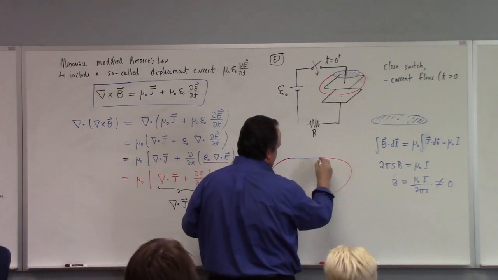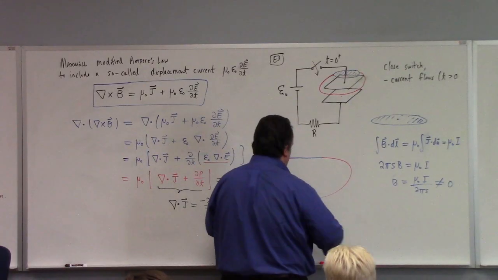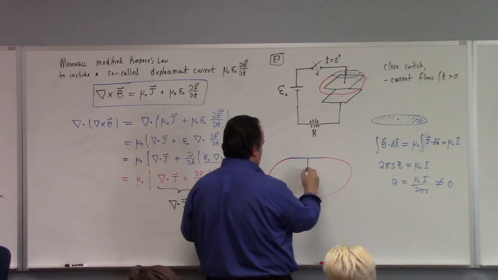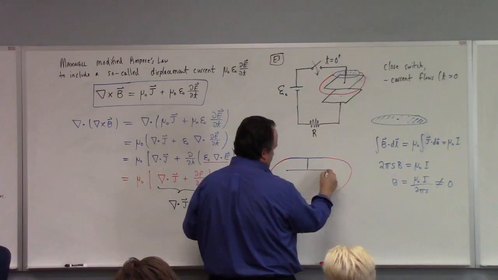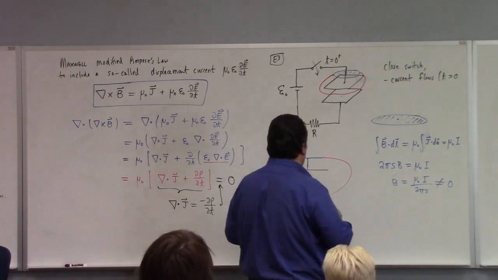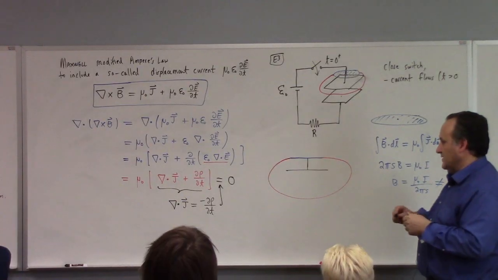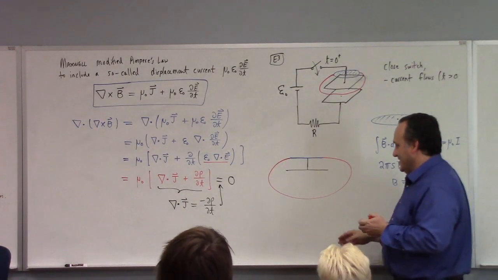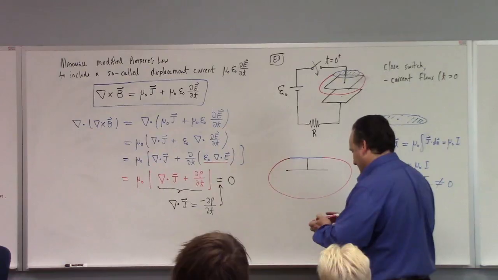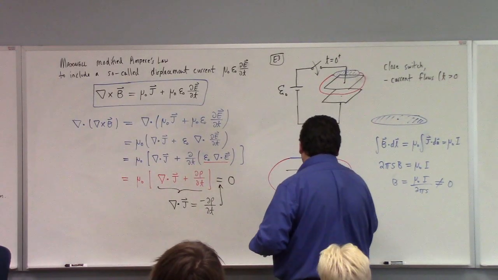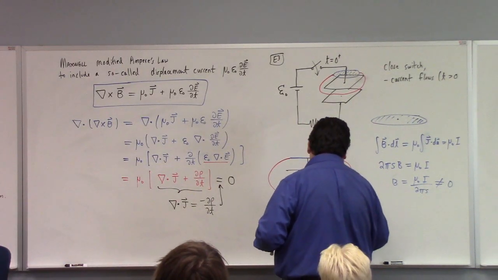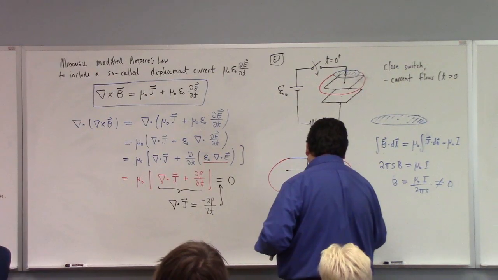And then my capacitor plate is here. If you can envision that. So the point is that J is equal to 0 on the bubble.